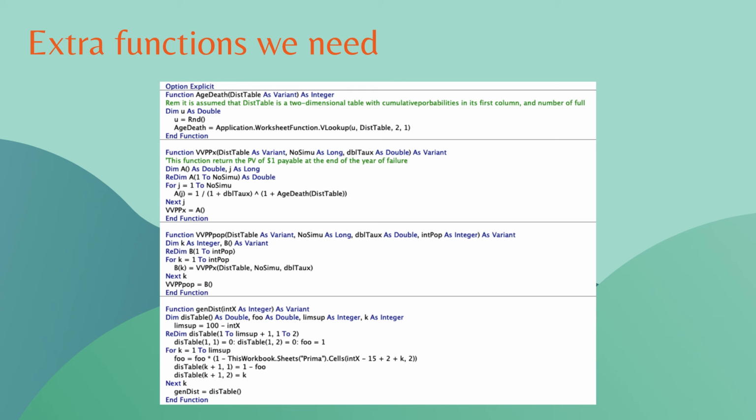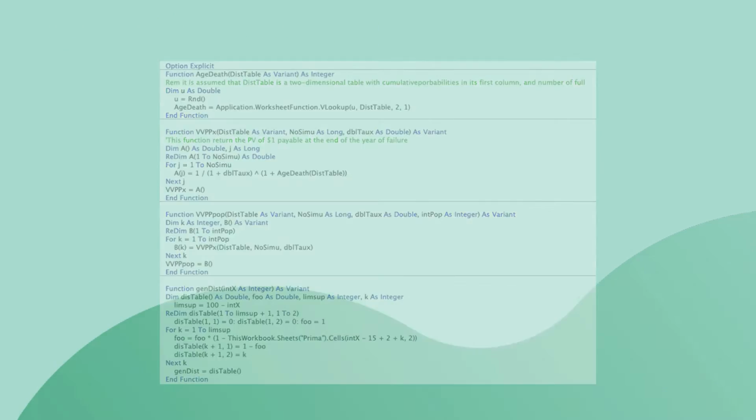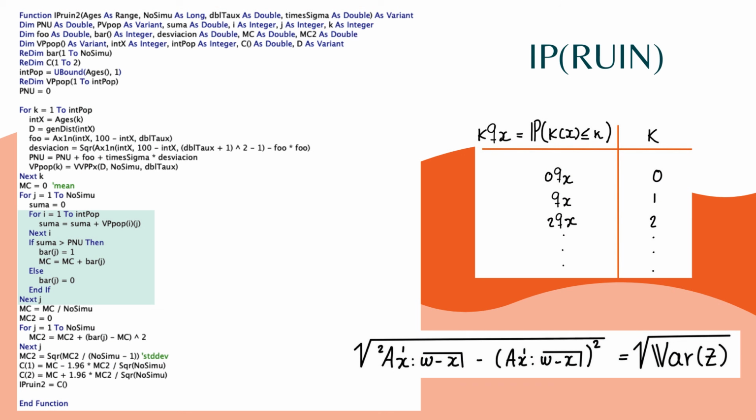So, VPPOP of k is a vector whose inputs are vectors. This is the principal and most important idea of the program. Now, we accumulate the present values of all the people for each simulation and compare it with the single net premium. If the accumulative, that is the sum of the claims, is bigger than what we are supposed to charge, we are ruined.